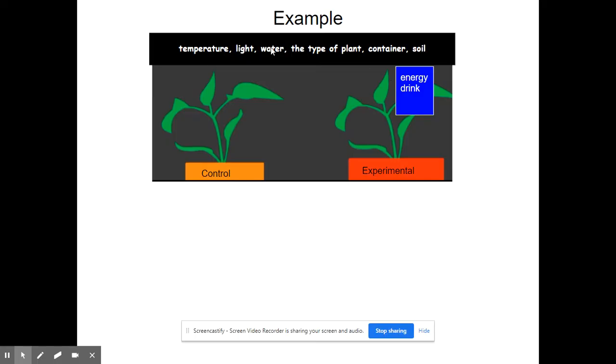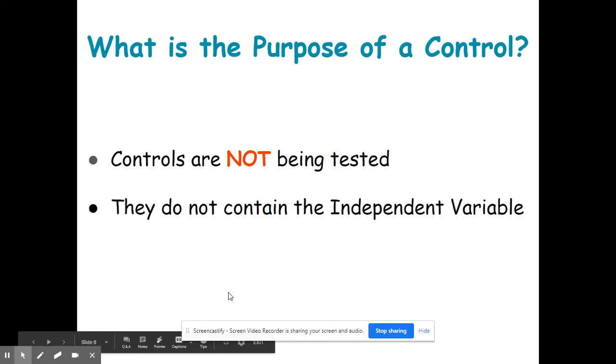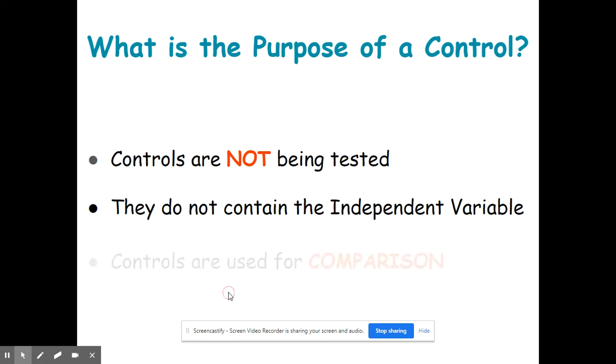The temperature, light, water, the type of plant, container, and soil will be the same in both setups. The purpose of the control is just to be a comparison to the experimental setup. It does not have the independent variable or the energy drink like you see here.